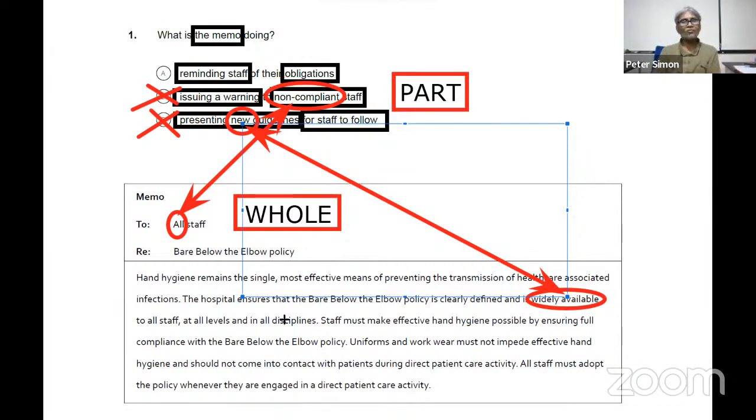When it's already widely available, you have 100% knowledge about it. This is lacking, this is having.